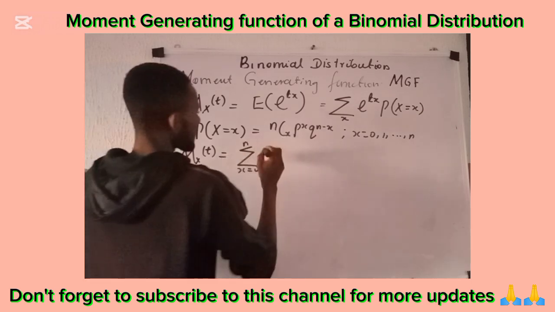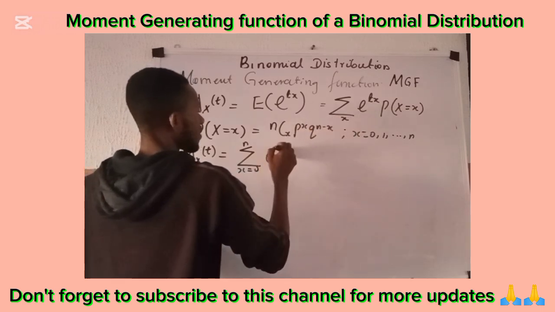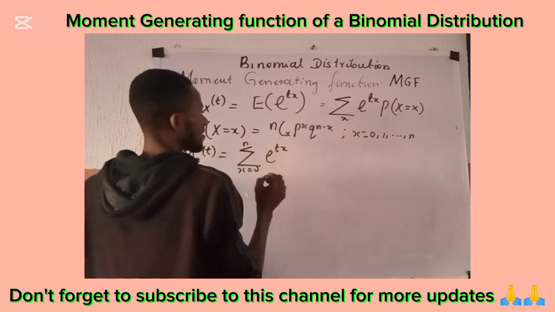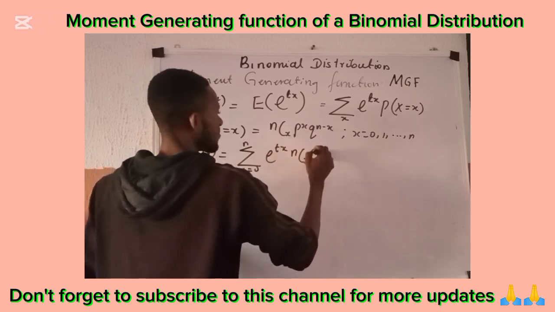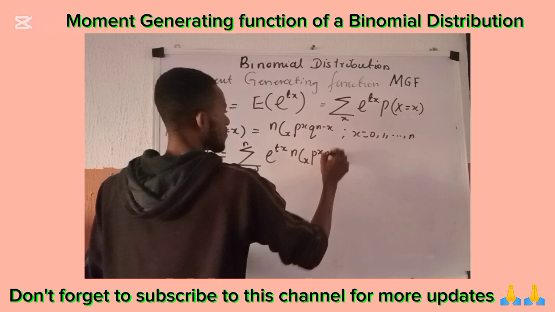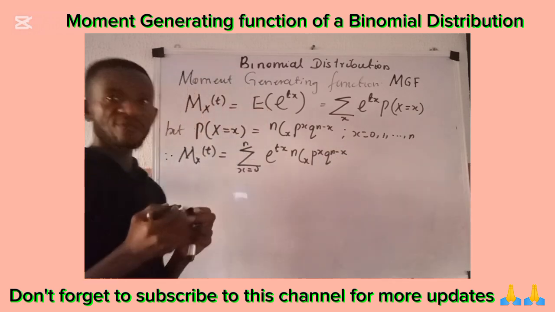So what we now have here becomes e of tx, then n combination x, p to the x, q to the n minus x.